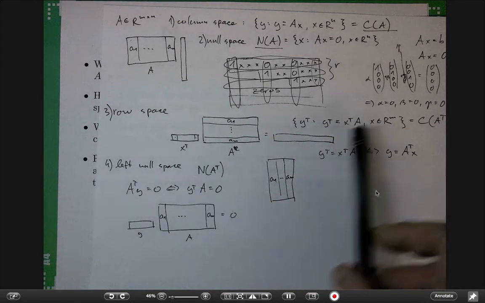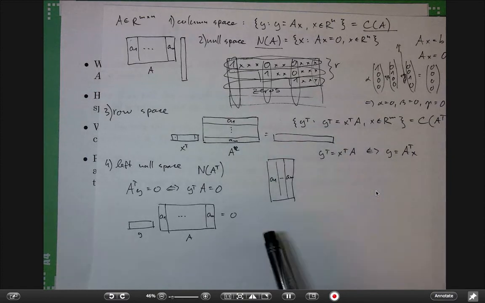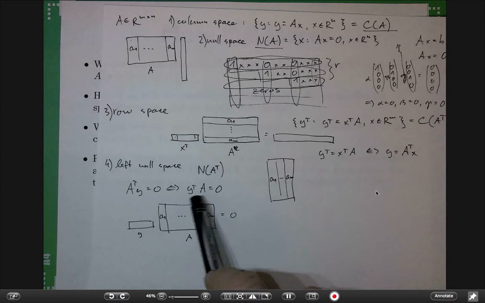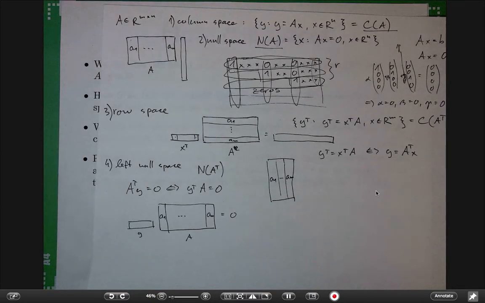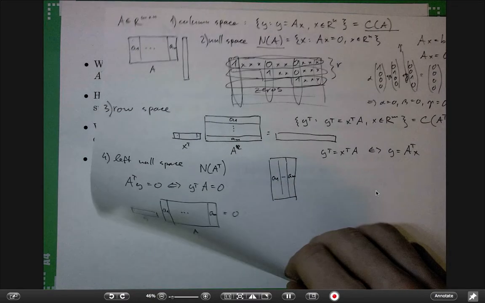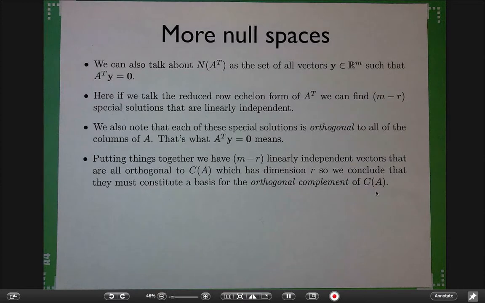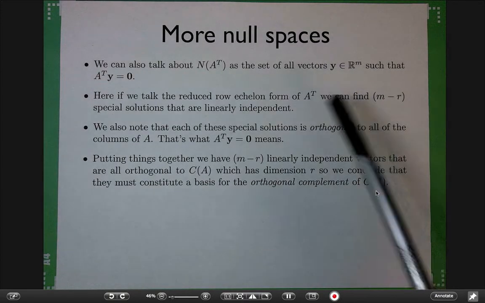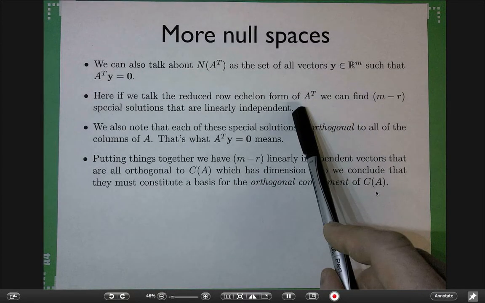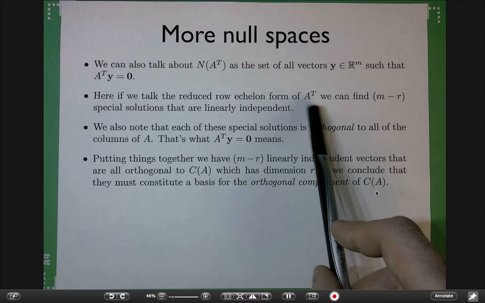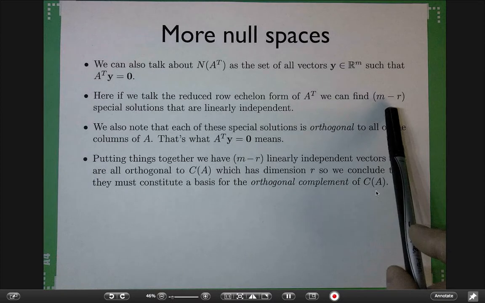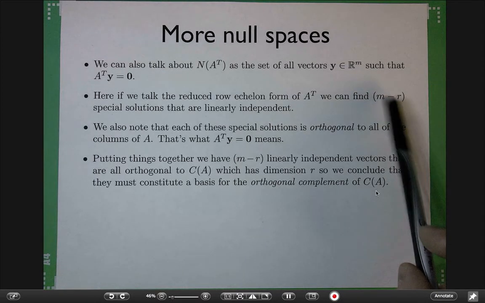So the idea of a null space was if I multiply from the right, I get 0, and the left null space is called left null space because if I multiply from the left by some vector, I get 0. And again, by a similar argument, basically repeating the same reasoning, but now on A^T as opposed to A, we can find my m minus r special solutions.